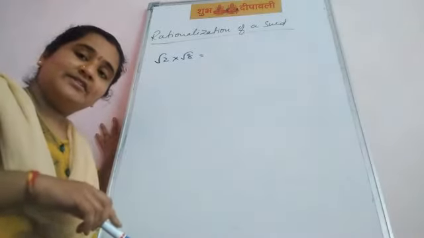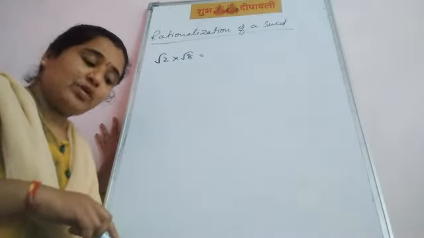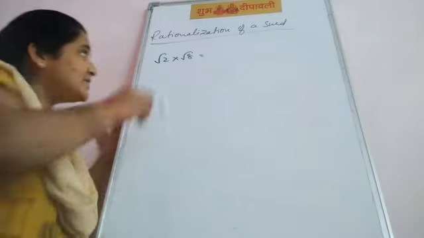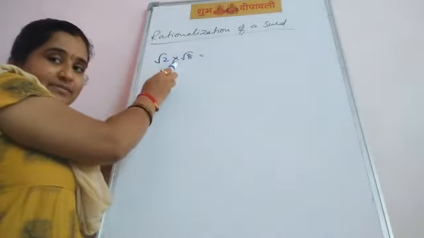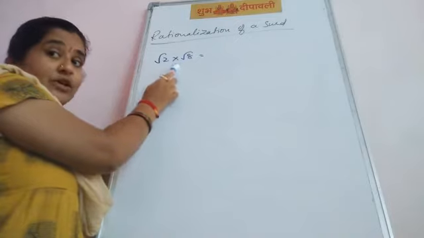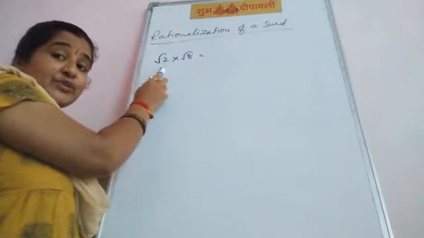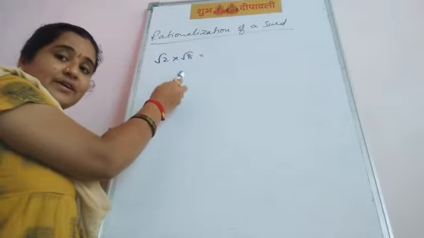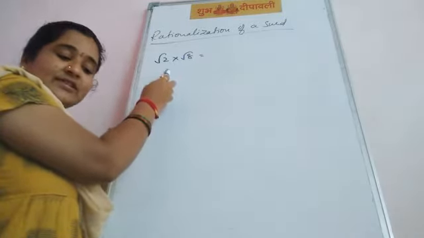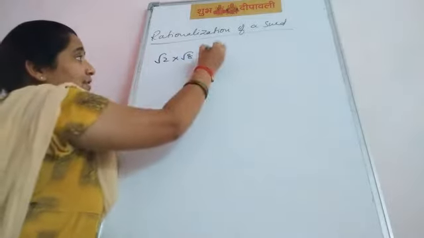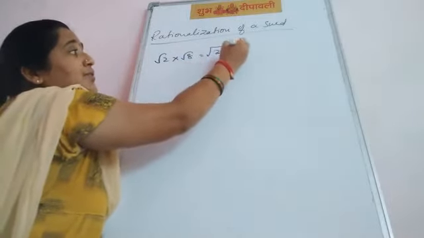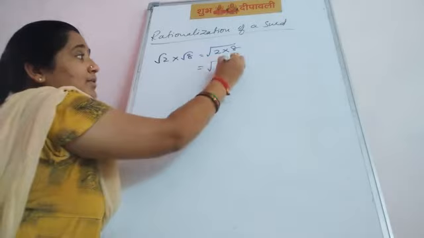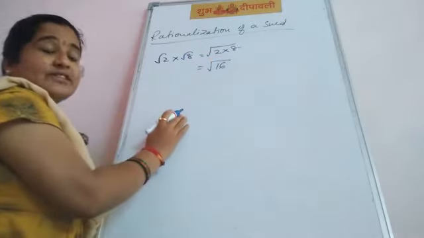Rationalization of a surd. What is given? If the product of 2 surds. See, product here, multiplication symbol. How many surds are there? 2. When you multiply these 2 surds, what will we get? A rational number. See, root 2 into root 8 equals root 16. 2 eights are 16.